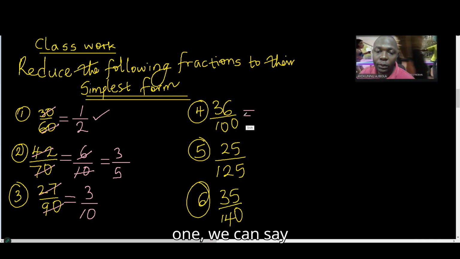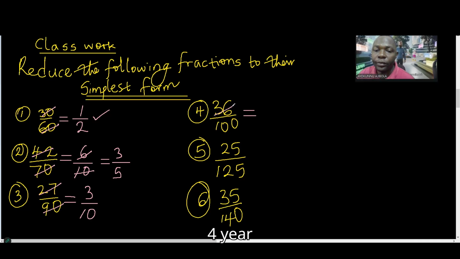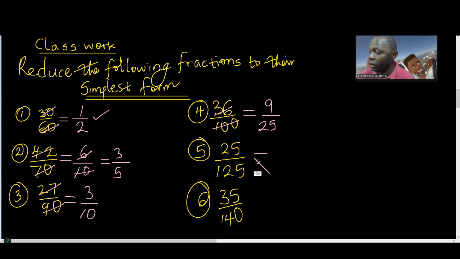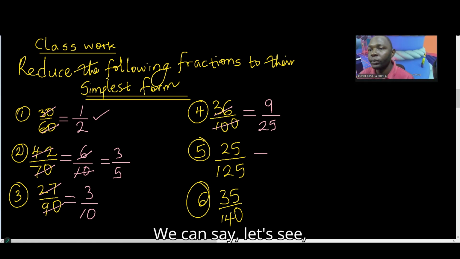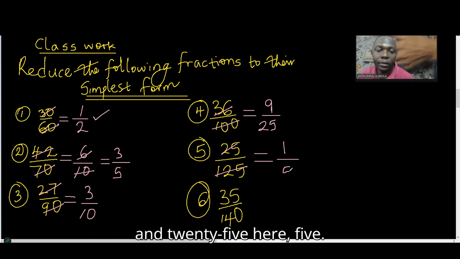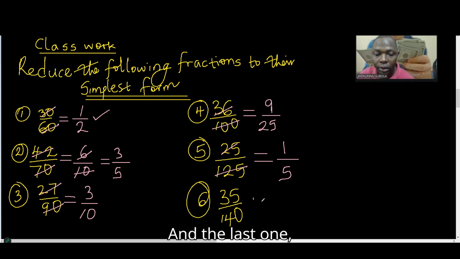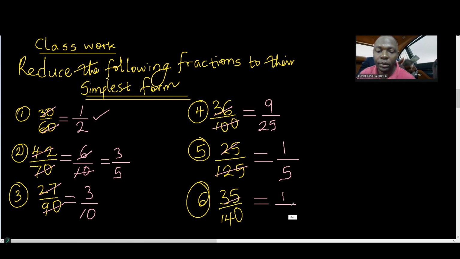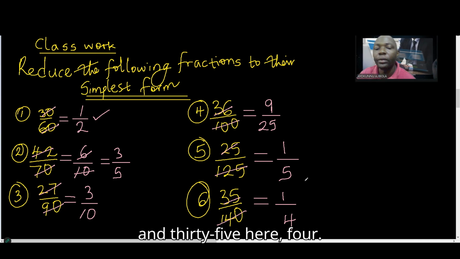Then the next one, we can say 4 here, 9, and 4 here, 25. Then the next one, we can say 25 here, 1, and 25 here, 5. And the last one, we can say 35 here, 1, and 35 here, 4.